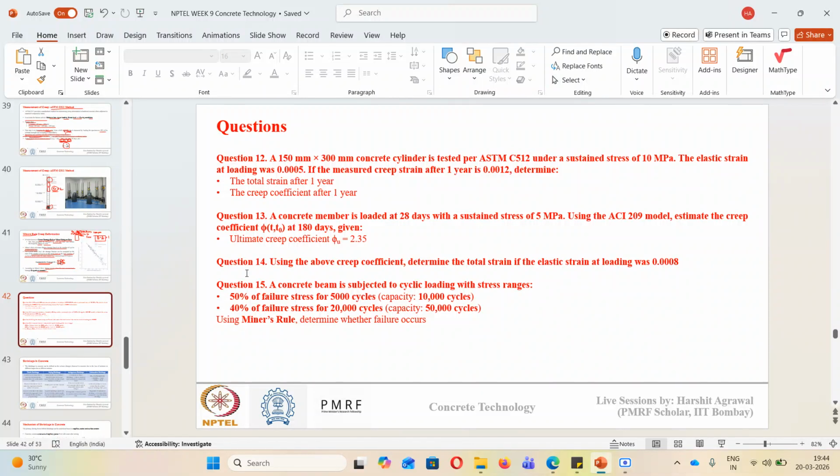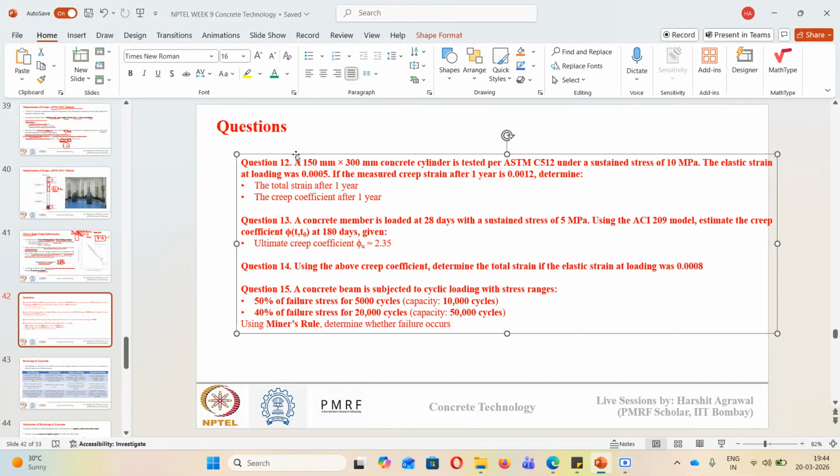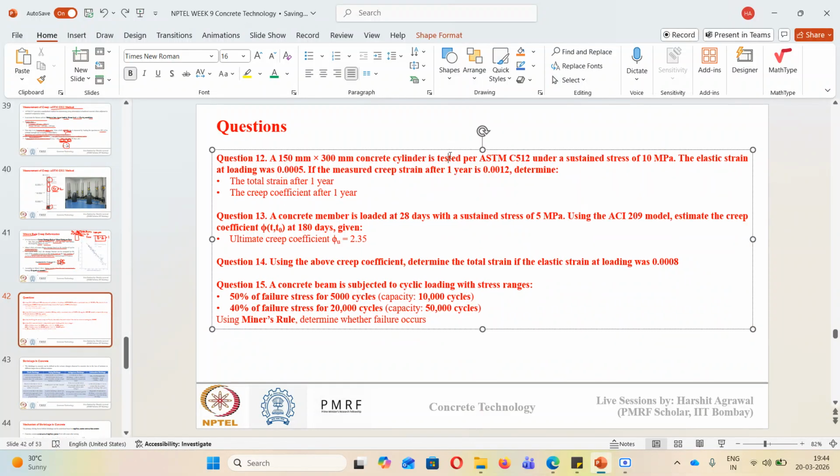So the first question: I have a 500 cross 300 concrete cylinder, and it is tested as per ASTM C512 guideline under a sustained stress of 10 MPa. The elastic strain at loading was 0.0005. The measured creep strain after 1 year is 0.0012. So what is the total strain after 1 year? Can anyone tell me?